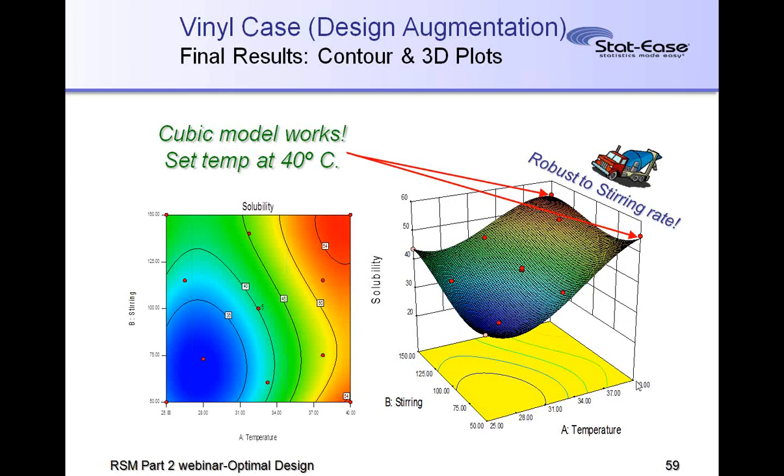If you have that high temperature, looks like that will be the best solubility. You'll maximize it. It'll be high there. And stirring rate doesn't really matter if you're up there at that high solubility. If you're at the high temperature, you're going to hit a good solubility, whatever stirring rate you want to use. So that's nice.